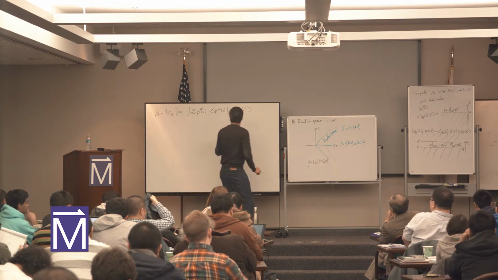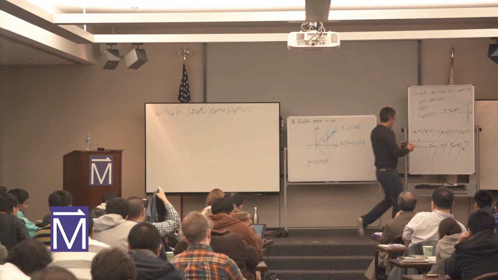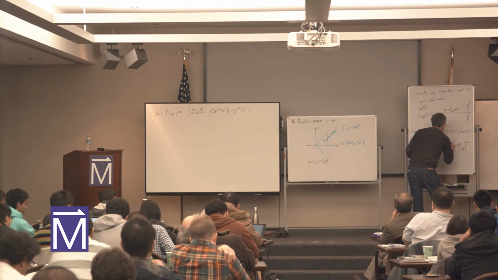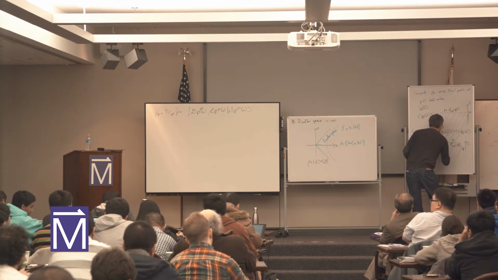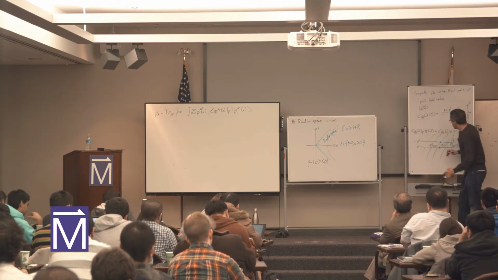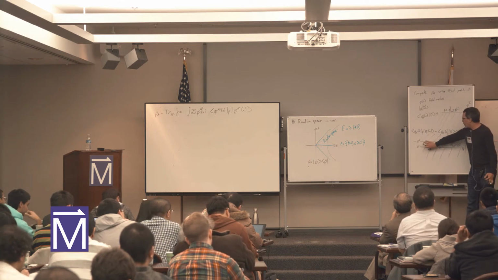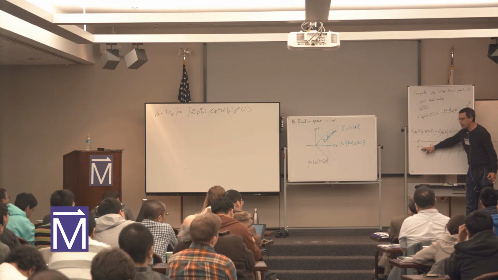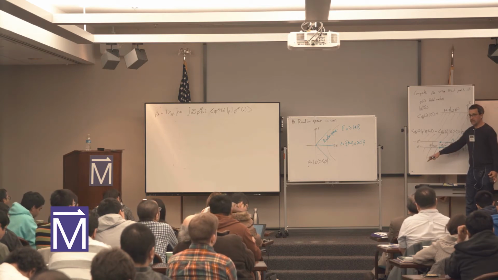So here we have A. And on A complement, we put an arbitrary field on the top and the bottom, but the same one, and then we integrate over that.